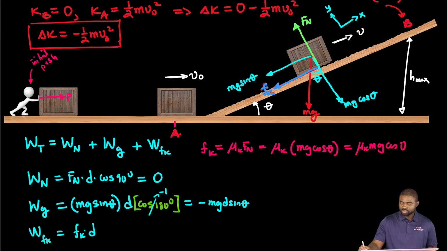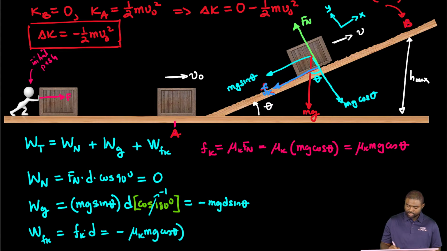Hence, the work done by friction will be equal to negative mu k mg cosine theta, bracket, d. This is just equal to negative mu k mgd cosine theta.